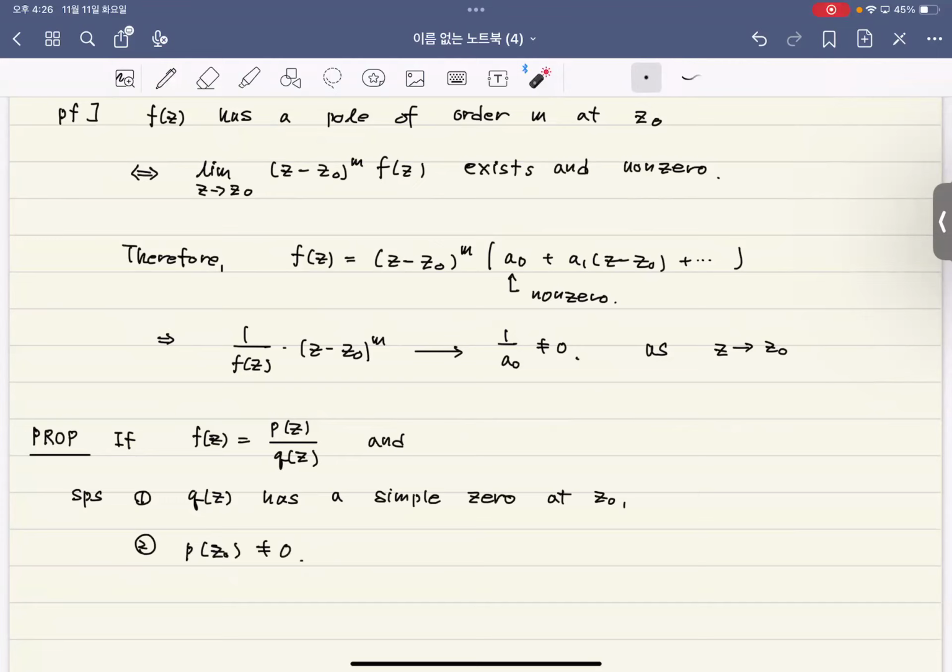Okay, so that means p of z0 is non-zero, and q of z has a simple zero. This implies that f has a simple pole at this point, right?